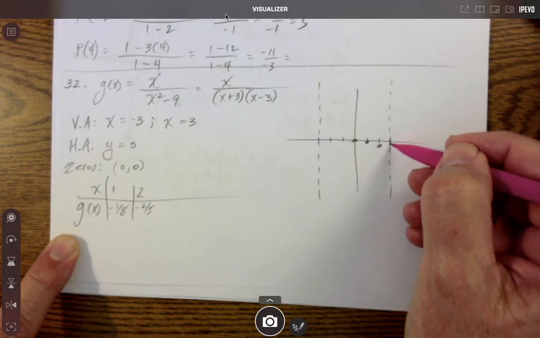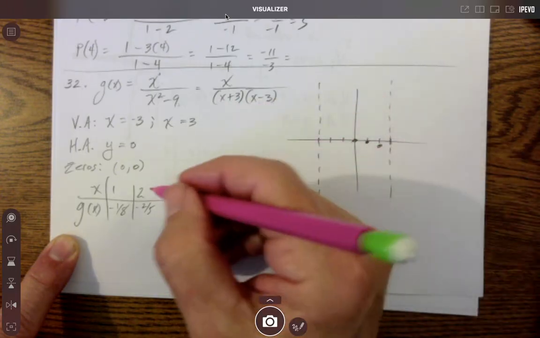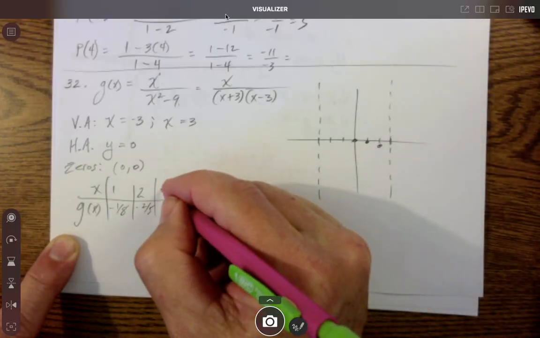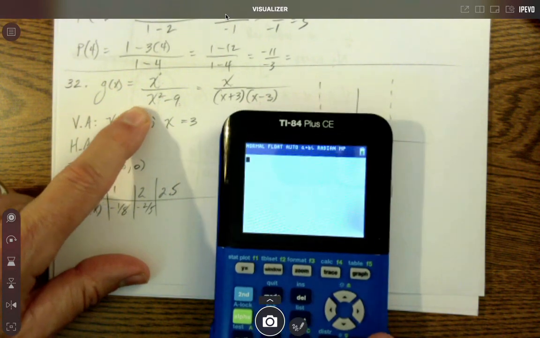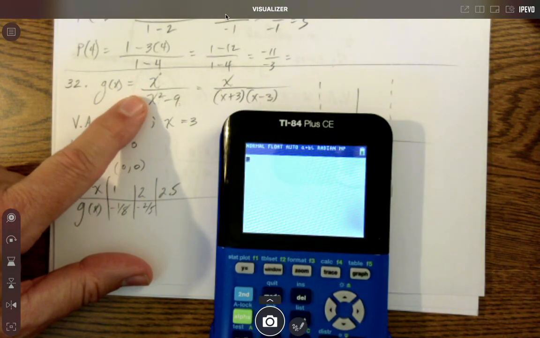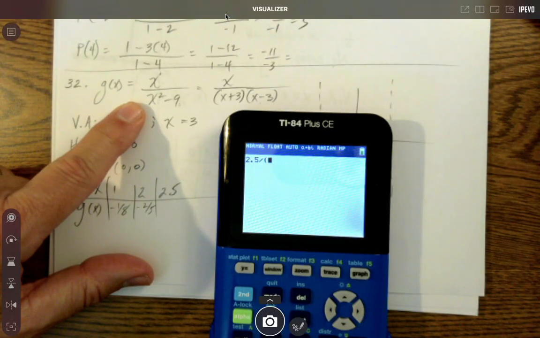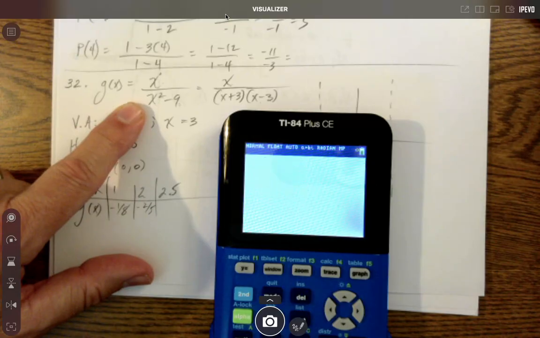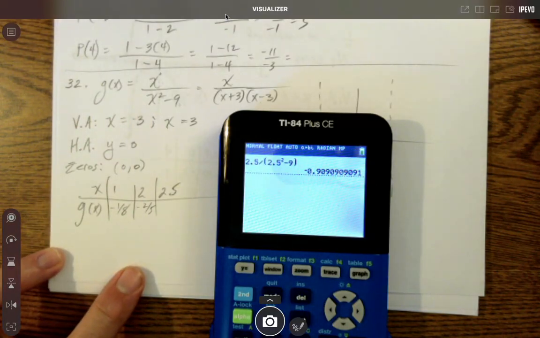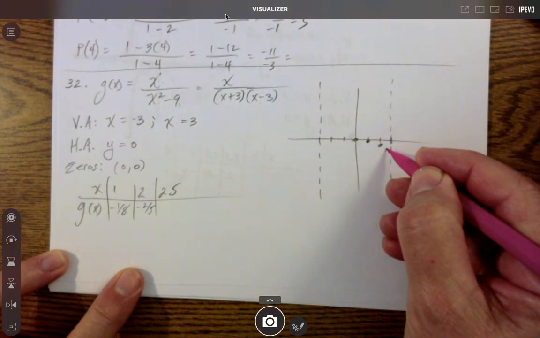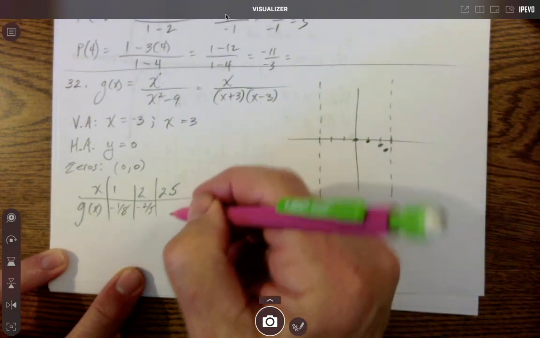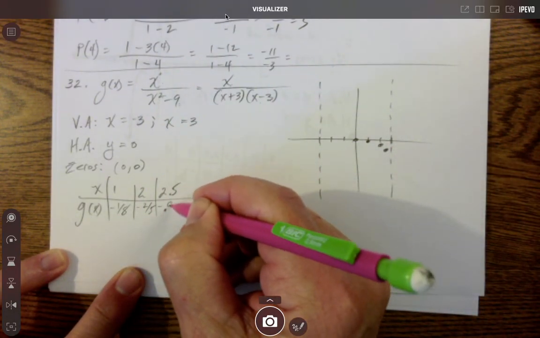Now I can't plug 3 in because it'll give me a 0 in the denominator, but I get close, right? So I could do like, what about 2.5? So if I put 2.5 in, so on the top is 2.5 divided by 2.5 squared minus 9, I get almost negative 1. So at 2.5, I'm at like negative 0.91.